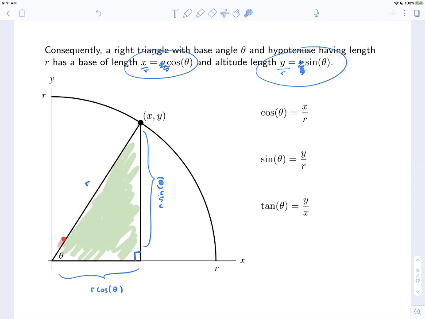R is the length of the hypotenuse. And what about x? X is the length of the base. So that's this length right here. So this length, which we're calling r cosine of theta, that's x. So this cosine of theta is equal to x over r, and that's equal to the length of the base divided by the length of the hypotenuse.